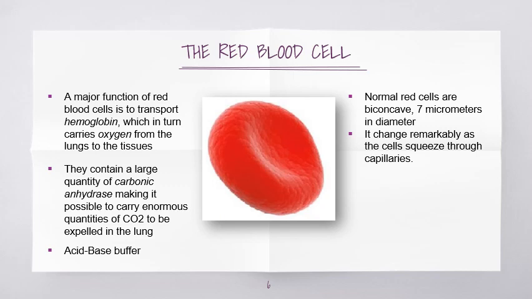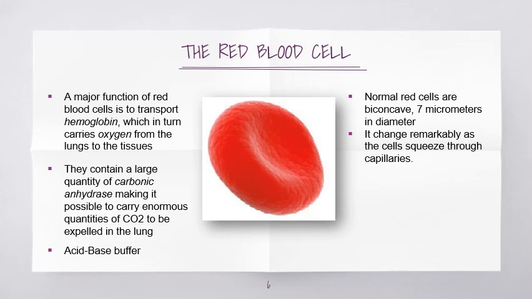The shape is very important for the red blood cells because of its shape and the flexibility of the cell membrane, it can squeeze through very small and tiny capillaries. This is a very important characteristic of a red blood cell because without the elasticity of its cell membrane, increased destruction of red blood cells will be seen throughout the body.